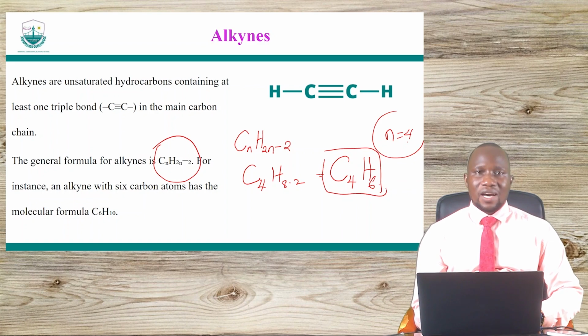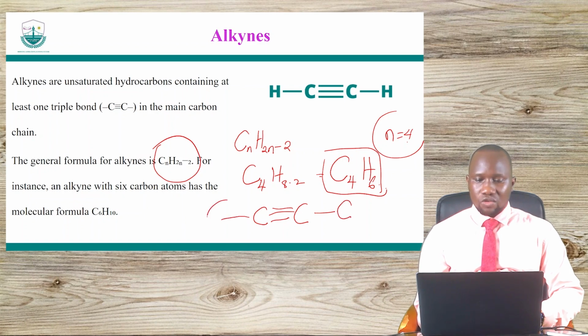Remember, each carbon atom must be bonded to 4 bonds. So the first rule is that at least you should have the triple bond, and then the other carbon atoms, because we are referring to 4 of them, right? So let's make sure that we have at least 4 for each.